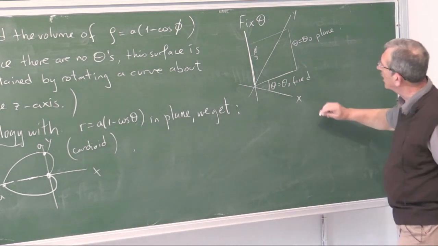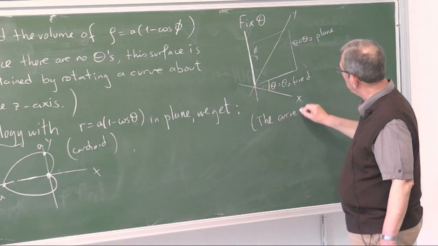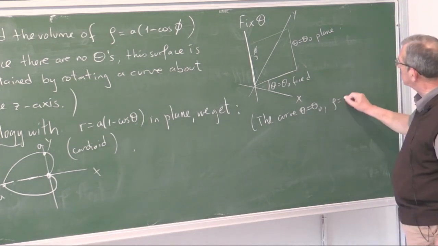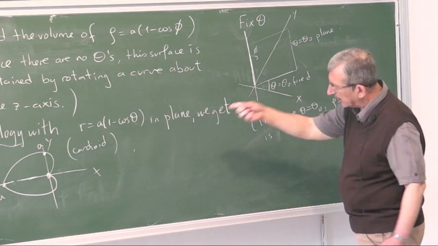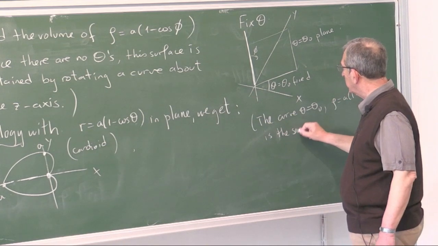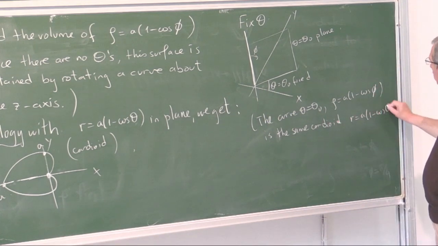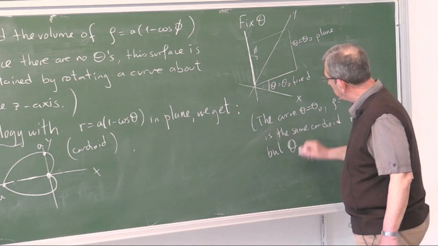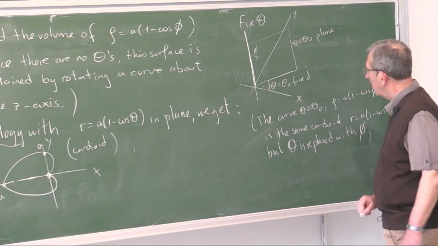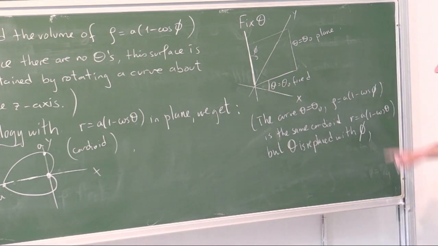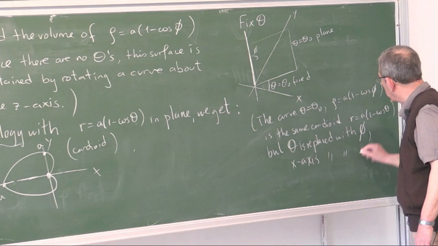So here, the curve theta is theta 0, and rho is a(1 - cosine phi), which is a cardioid, the same cardioid. r is a(1 - cosine theta), but theta is replaced with phi, and of course, if you are using phi, you are starting from the positive z-axis, so the x-axis is replaced by the z-axis.